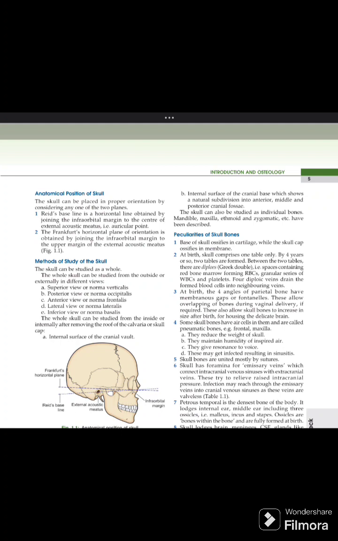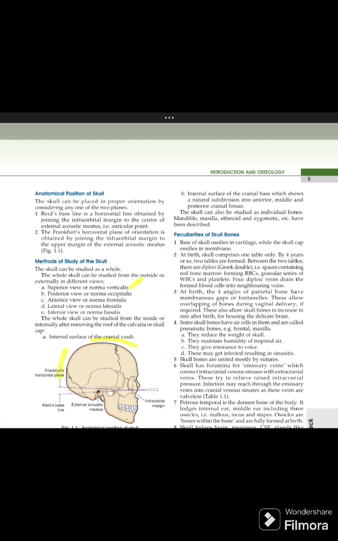To study the skull, there are different views from which we study the osteology and the muscle attachments. The superior view is called Norma verticalis. The posterior view is Norma occipitalis.